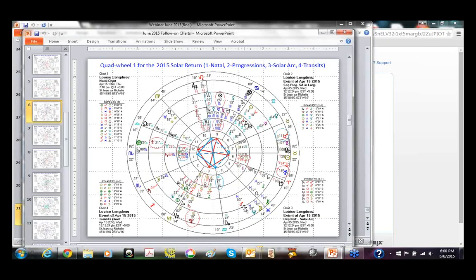Neptune is moving through your fourth house, and does it do anything there? Offhand, I don't see that it does, but it's moving through the fourth house. It's almost going to be done, well, next year or so. And then we look at Uranus. Uranus is moving through the house of health, the house of work, the house of service, and that's where your sun is. It hasn't hit your sun yet, but it will.